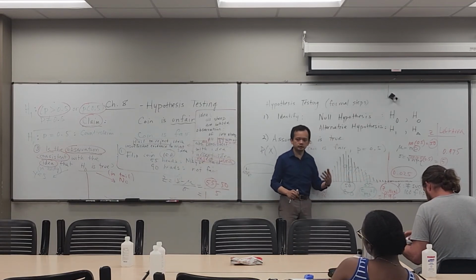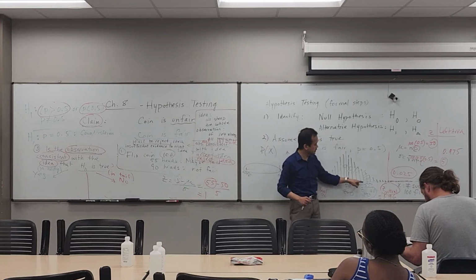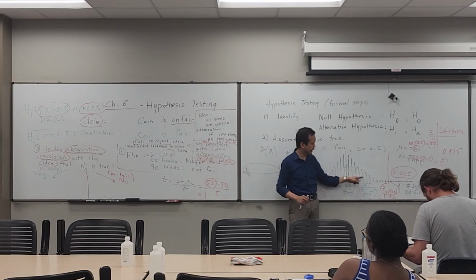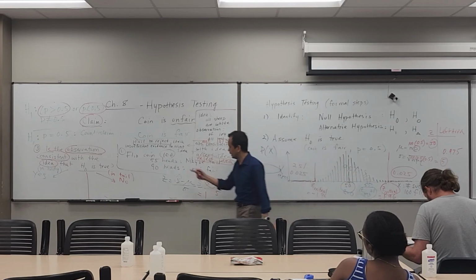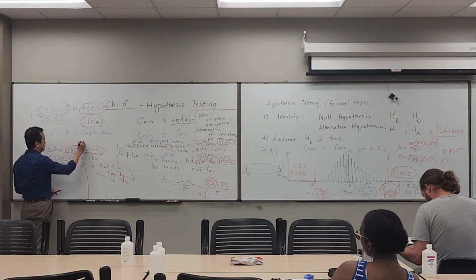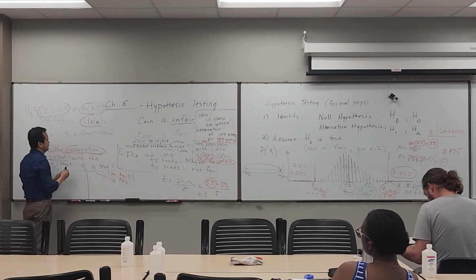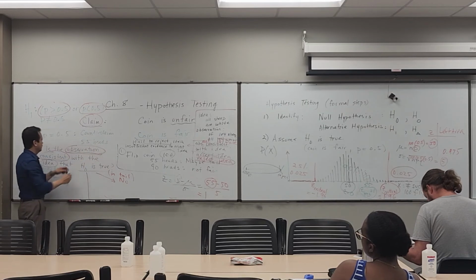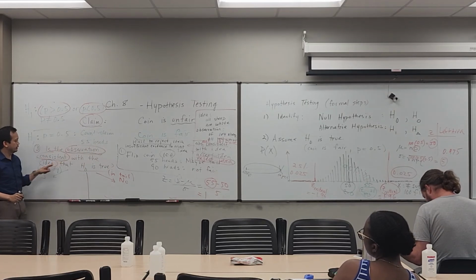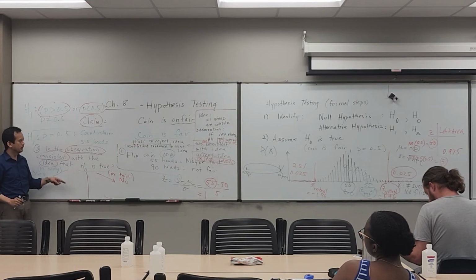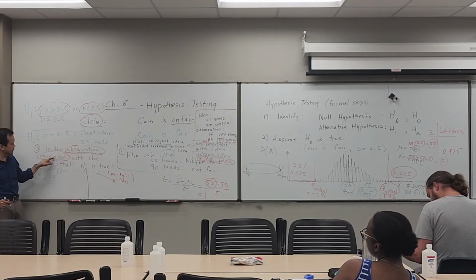Because it was in the body of the distribution, we said that the observation was consistent with the null hypothesis, with the idea that the coin is fair. So back to this case. The observation of 55 heads ended up being consistent with the idea that the null hypothesis was true, i.e. the coin was fair.